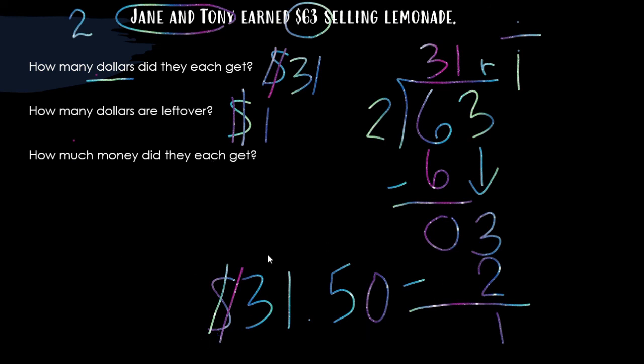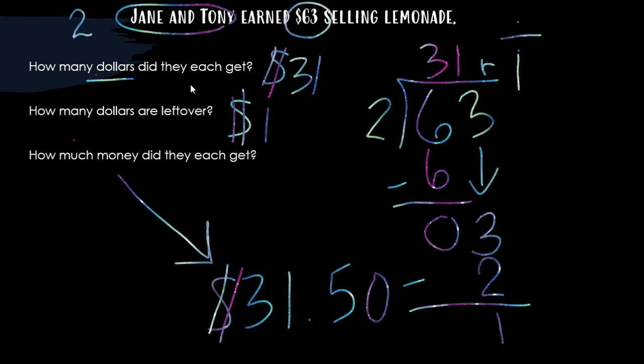They want to know, because I can split money up into decimal form, what is the total amount they would get. And so for this one, it's going to be $31.50.